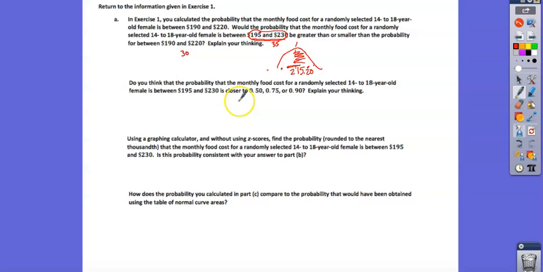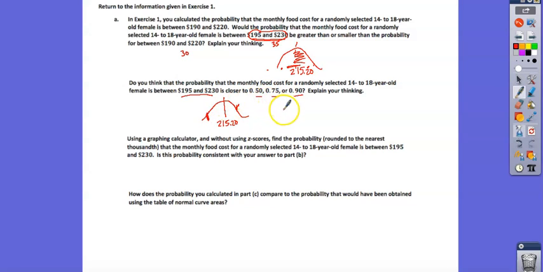Okay, now this one. Do you think that the probability that the monthly food cost for randomly selected females between 195 and 230 is closer to 50%, 75%, or 90%? Well, again, I usually look at a picture here, and I'm looking at 215.20. 230's got to be about over here somewhere, and the 195's way over here.